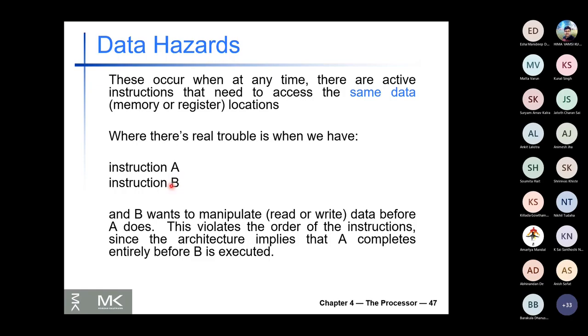Before that, this instruction wants to read the data. Obviously, if it does, it would read incorrect data, and that is the reason for the data hazard. B wants to manipulate, read or write data before A finishes its job. In other words, this violates the execution order, because it is implicitly assumed that the operation of instruction A is completely finished before B begins.